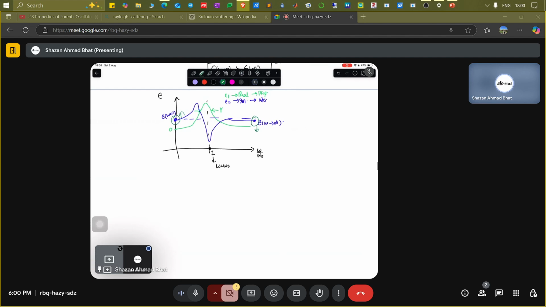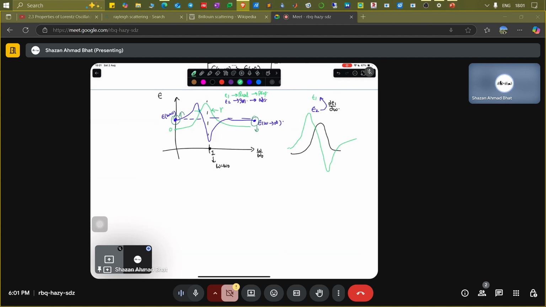Essentially, you can understand it like this: if you look at epsilon 1 and epsilon 2, you approximately see that epsilon 2 is the derivative of epsilon 1 with respect to omega. If you have a function like this and you differentiate it, there will be a peak here, it will be 0 here, something like this.